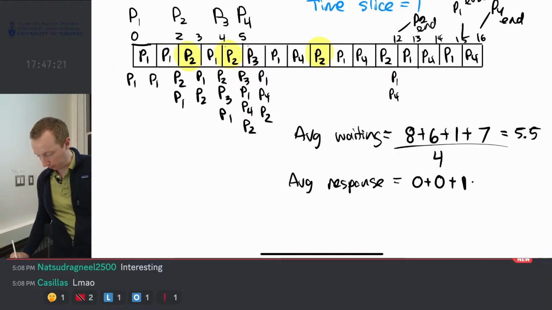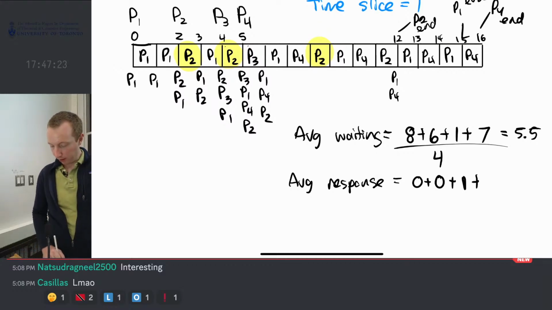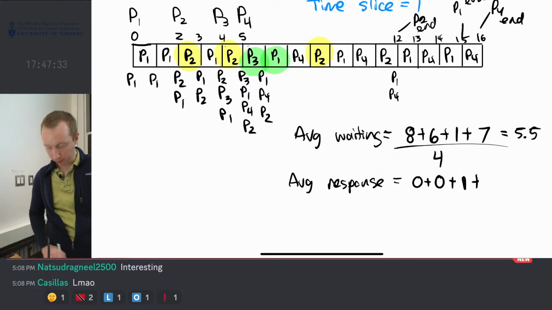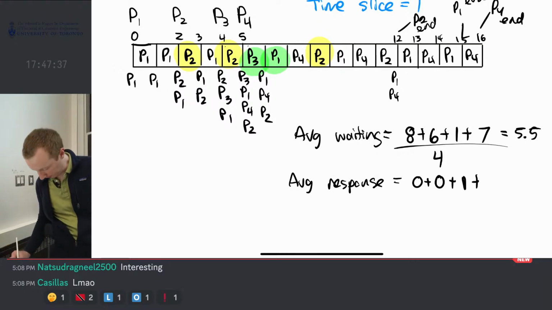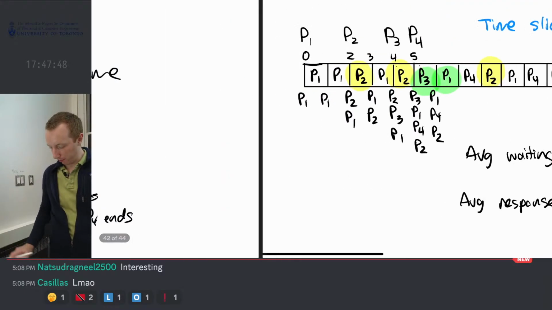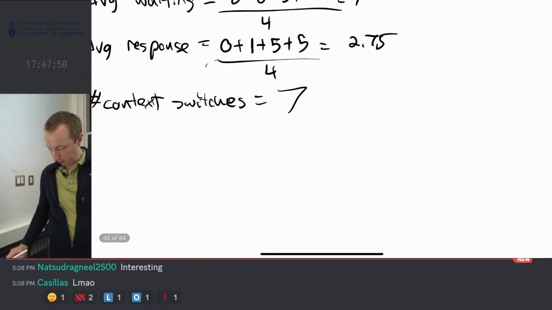Last one is process 4, which was just waiting around for 2 time units. It came in at 5, waited for 2 time units. So if we crunch the numbers here, our average response time is now 0.75, which is way better than before, which was 2.75.